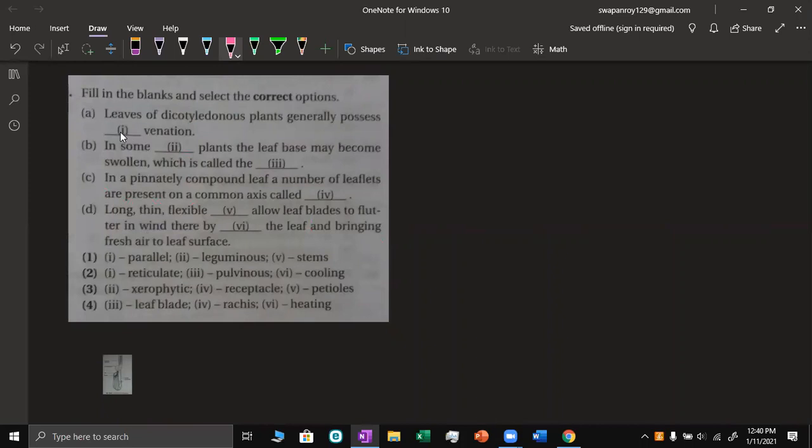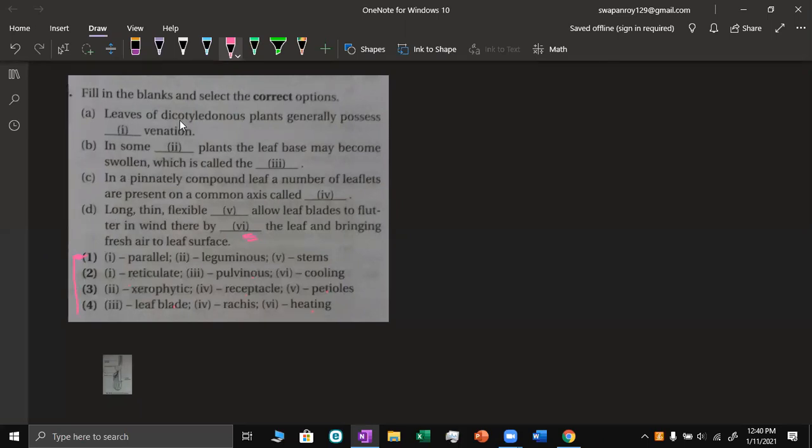There are, in this case, 6 blanks, but in any of the options there are only 3. So you have to be very careful that in which of the options all the 3 are correct.